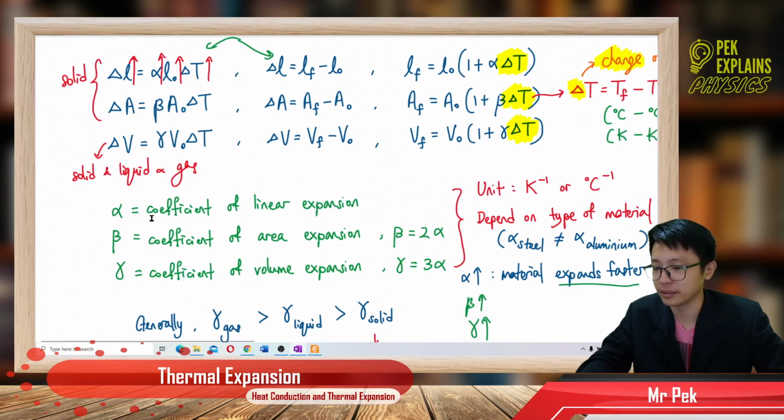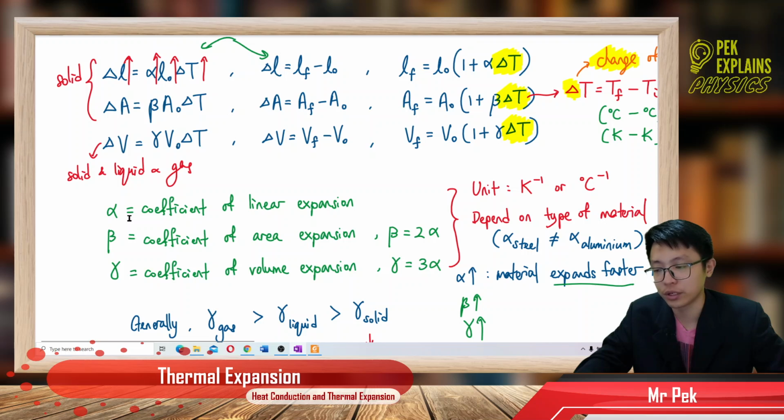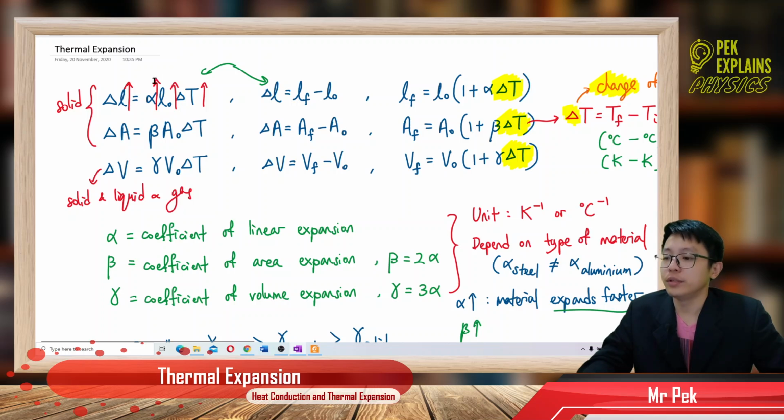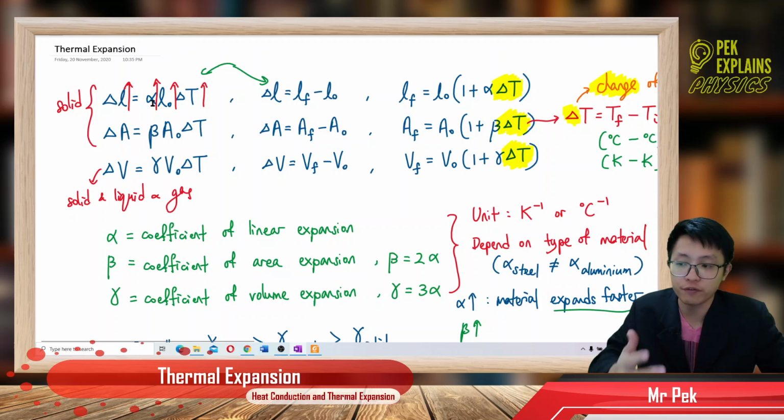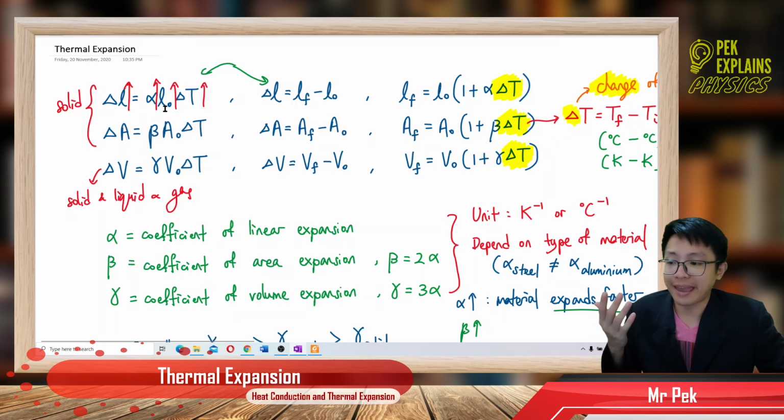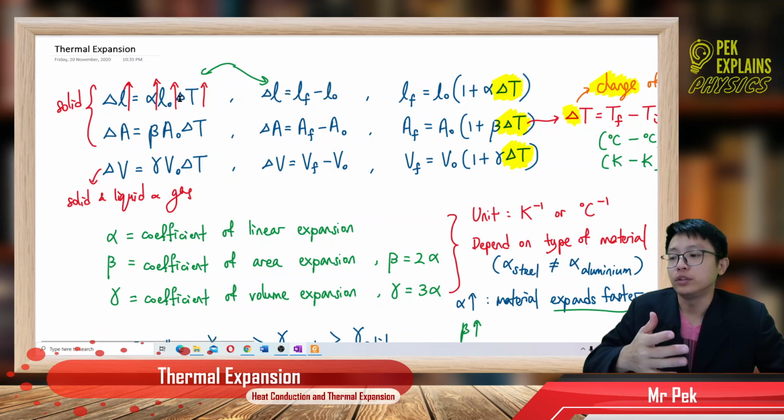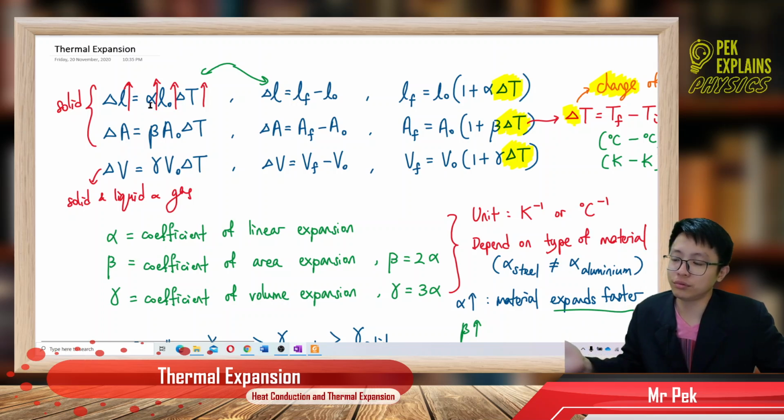Let's talk about the unit for alpha. To get the unit for alpha, we just rearrange this formula: delta L equals alpha L naught delta T. We want to find the unit for alpha, so the L naught and delta T, we throw to the other side.